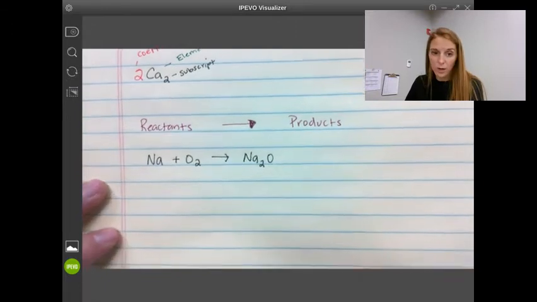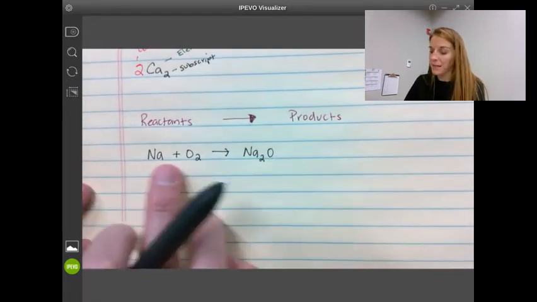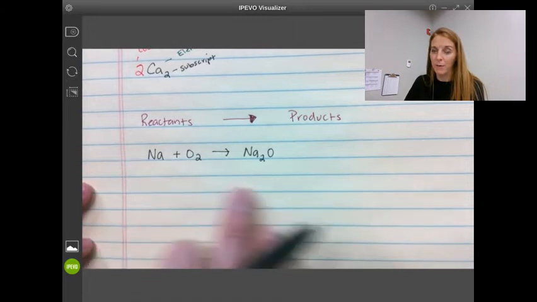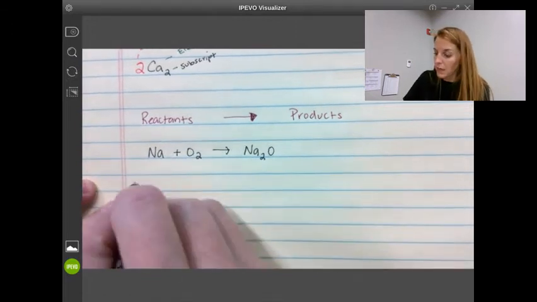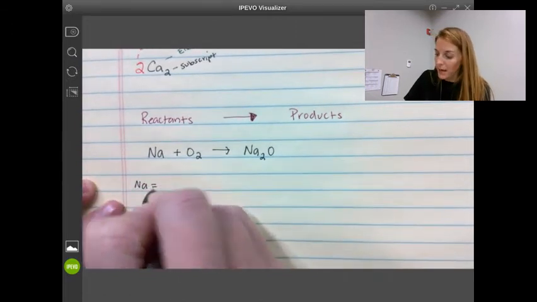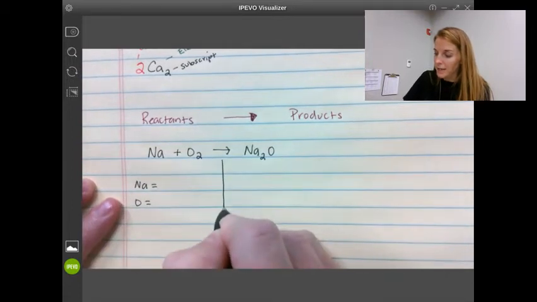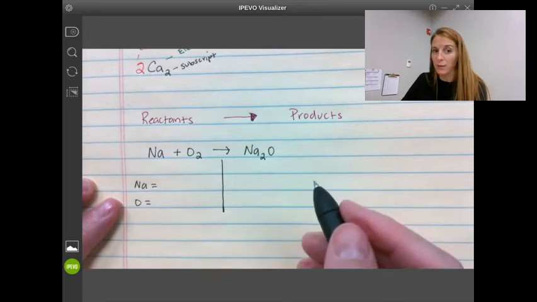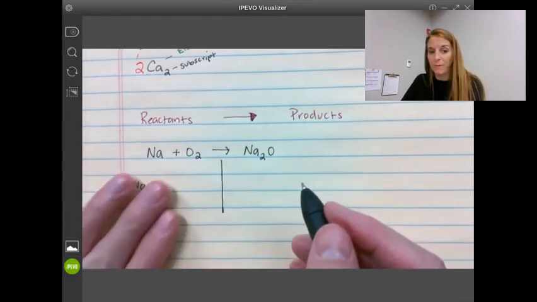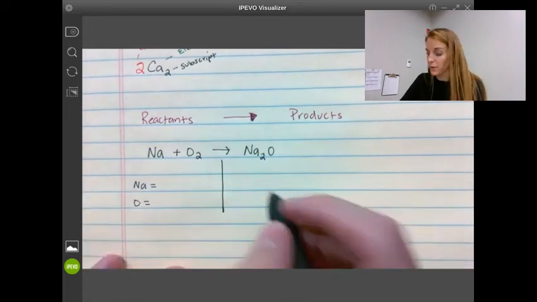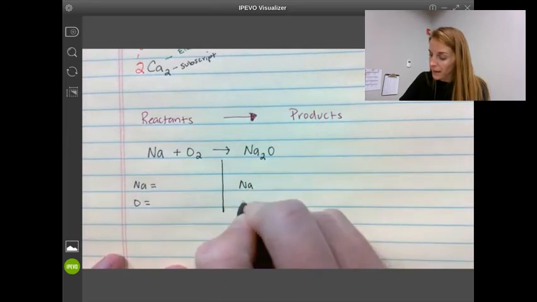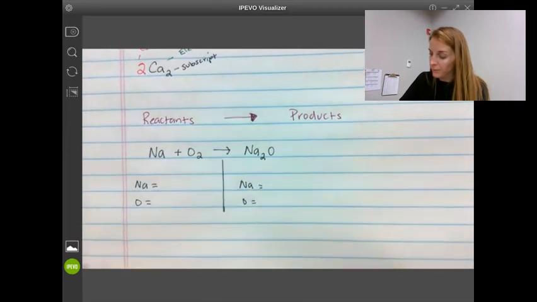So what you'll want to do first is identify how many of each element we have on both sides. So how I do this is I write Na equals O equals, and then I draw a line down the middle where the arrow is to show that I'm looking at the other side now. So I have my reactants over here and my products over here. So I have my Na and my O.